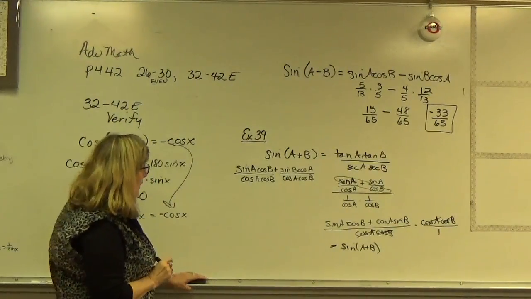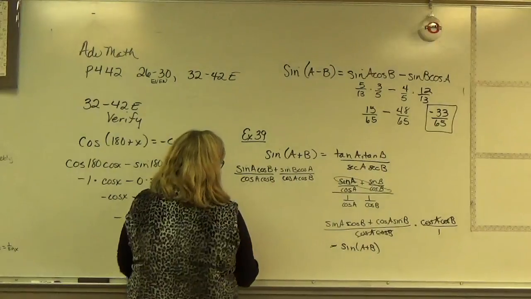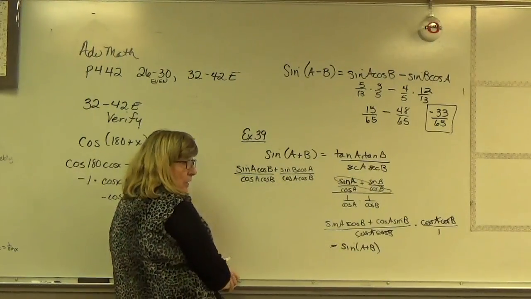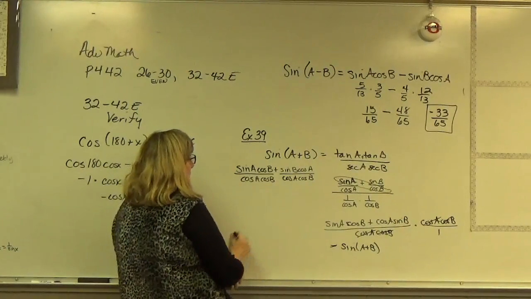Okay, then what happens there? So then cosine B cancels out, no butterfly, just look and see what happens. Cosine B cancels out on the first one.